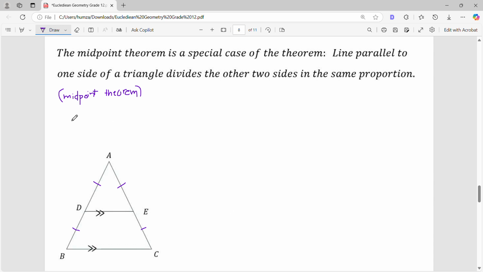Now let's write it here. Given AD is equal to DB and AE is equal to EC, and we can deduce that DE is parallel to the line BC.